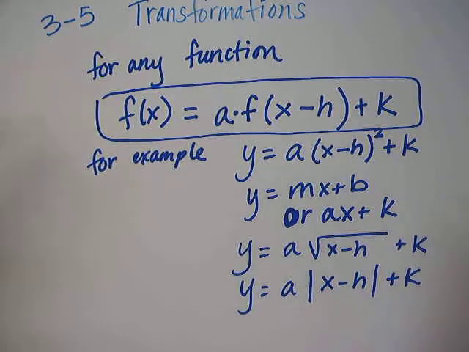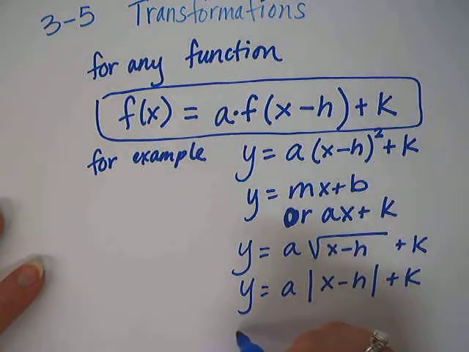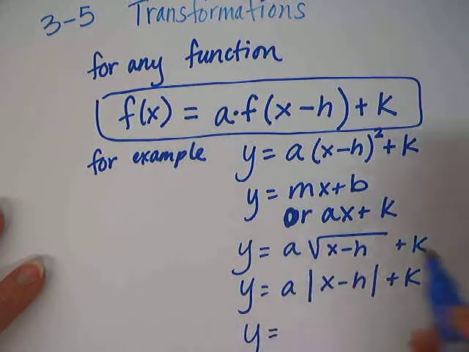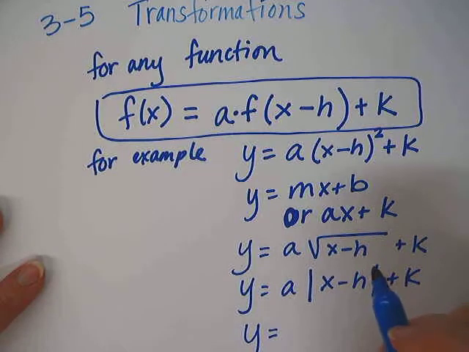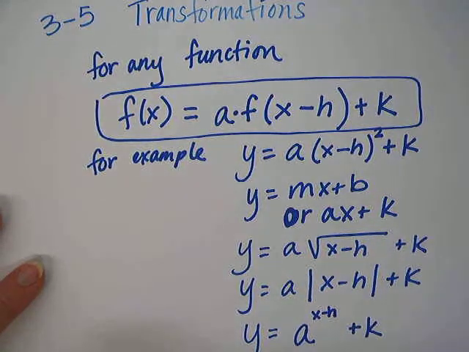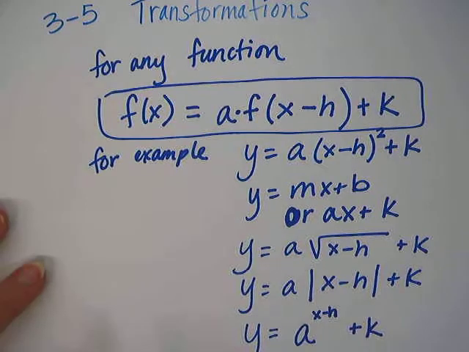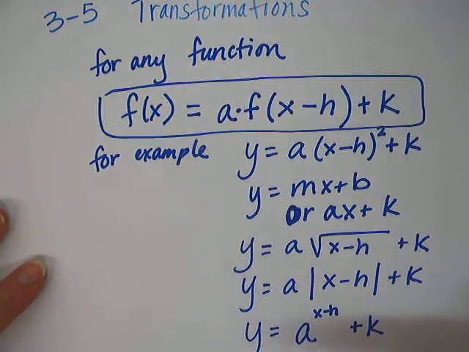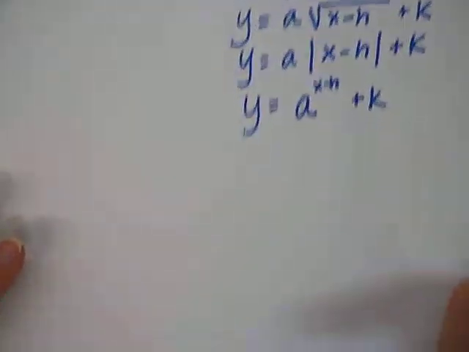Do you see how it applies to these different functions? Later in this class, we will be doing exponential functions. They're a little bit weird because you have a base to a power, like a to the x minus h power plus k. That also applies. Okay, but I don't think there's any of those on today's assignment.